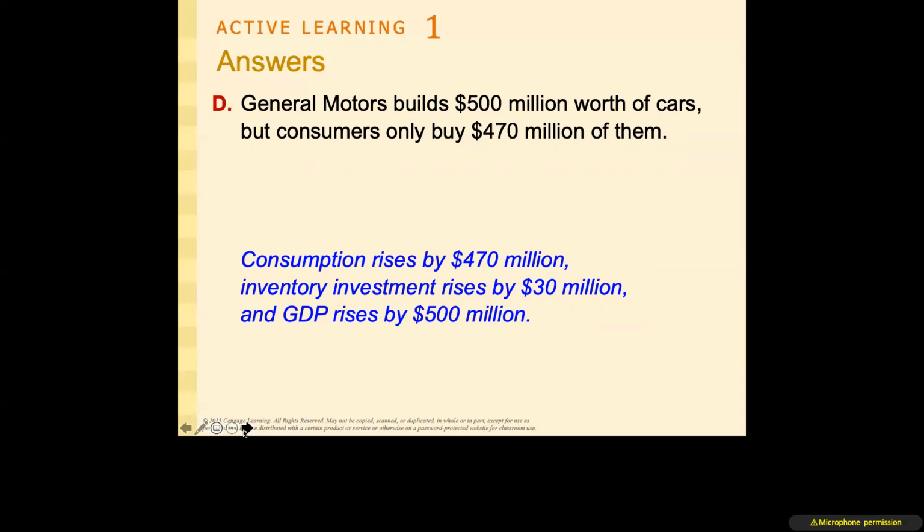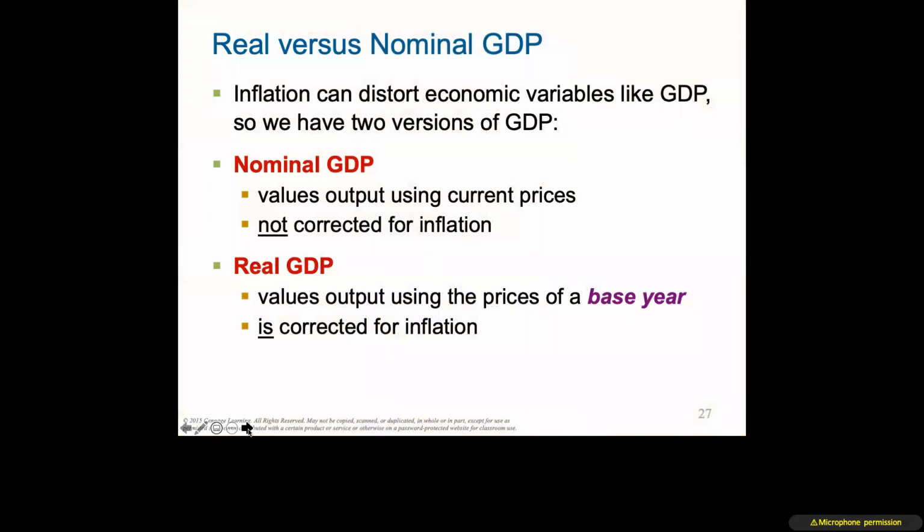So in this particular case, there's 30 million in inventory. So inventory investment, I, is going to rise by 30. So C rose by 470, I rose by 30. So in total, because both of those are part of the GDP, it is going to rise by 500. Because remember, it's C plus I plus G.